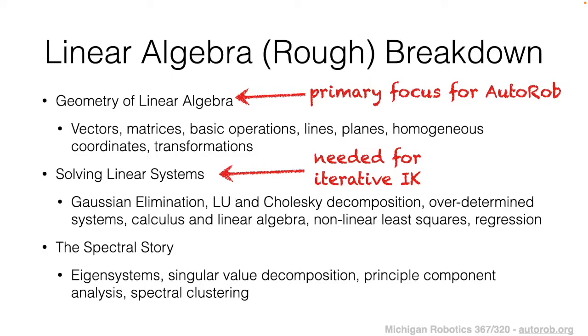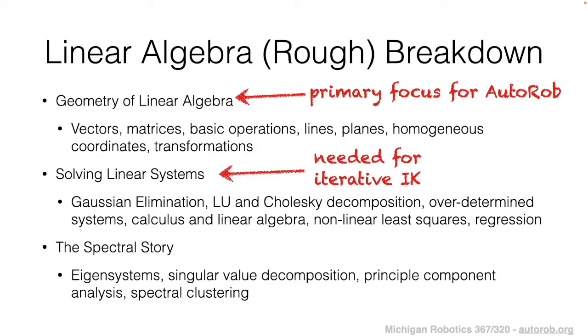To do that, we're going to be using some of the techniques described on this particular slide: nonlinear least squares regression, gradient descent, and topics such as those, which we'll talk about in today's lecture, and we'll talk about more once we get to inverse kinematics.